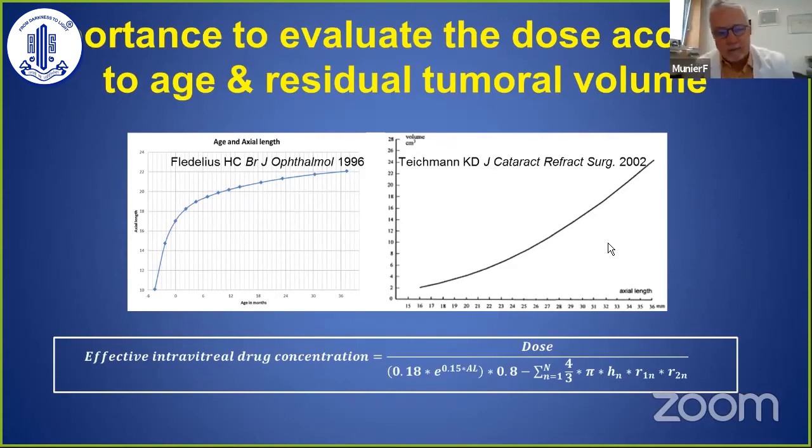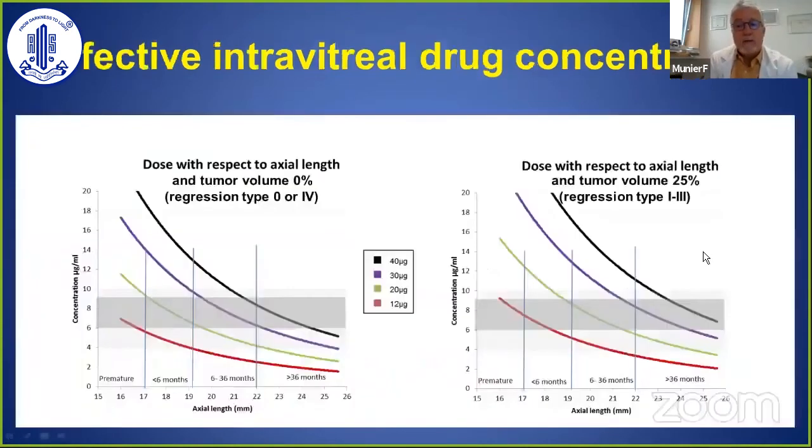If you have type 4 regression with flat scars, the vitreous volume is just equal. There's no reduction by the tumor. But if you have big calcified tumors, they can influence quite significantly the vitreous volume, and thus the dose you're supposed to inject to have the appropriate dose.